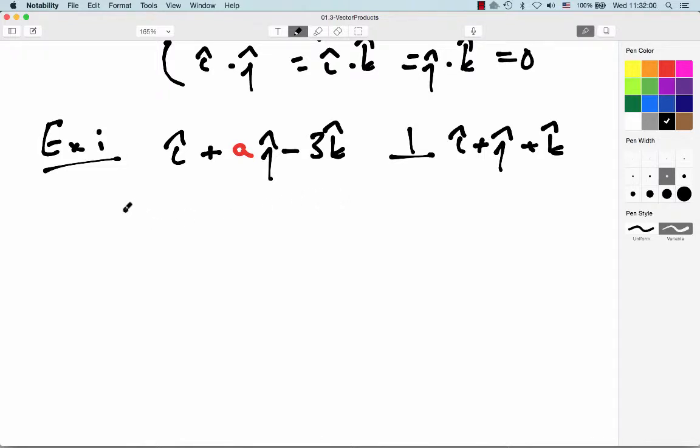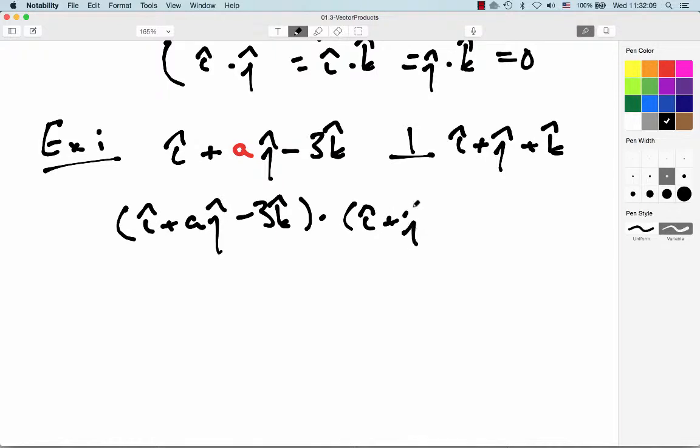Well, what we can do is demand that their dot product, i hat plus a j hat minus 3k hat dotted with i plus j plus k, we'll set to 0. That's what the little circle over the equal sign means, is set equal to.